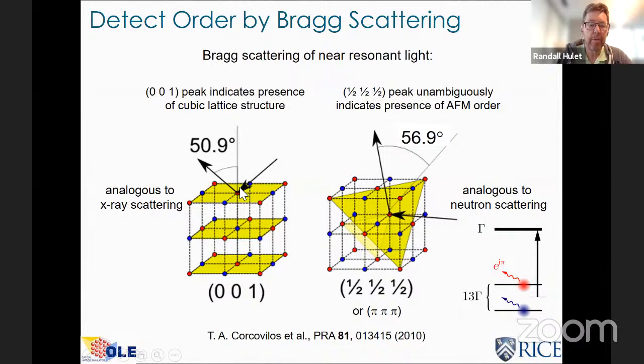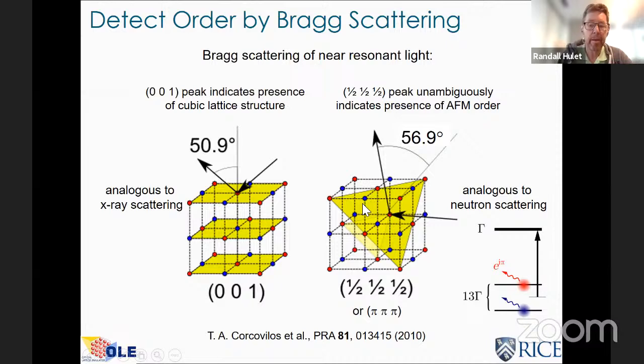One can imagine there are 2 types of order in this system. One is just the crystalline structure itself, the simple cubic lattice, independent of spin. That occurs at a Bragg scattering angle of about 51 degrees on the input beam and on the output beam. There's also the order having to do with antiferromagnetism, if it exists and if it's present in this sample.